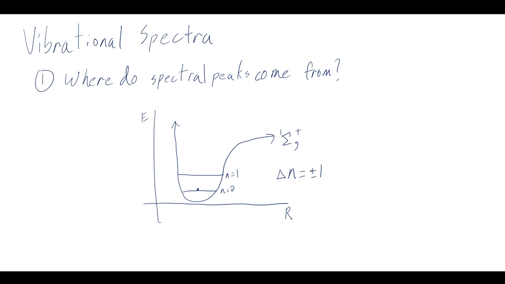And so the only real strictly vibrational transition you would expect, and these differences in energy are about IR wavelengths, in IR spectroscopy, would be this transition, from the ground state to the excited state.